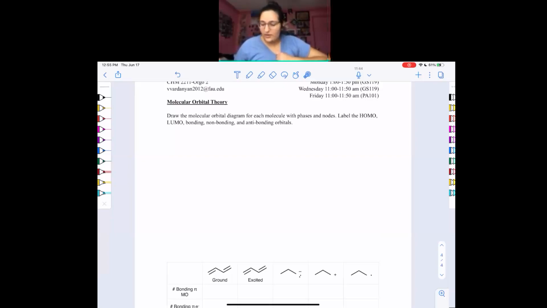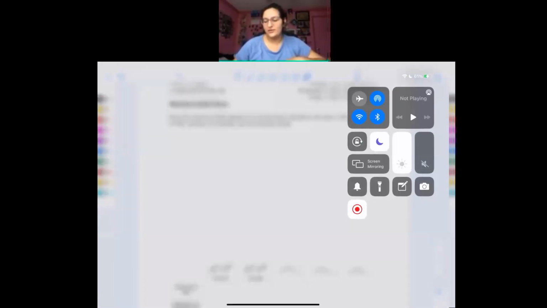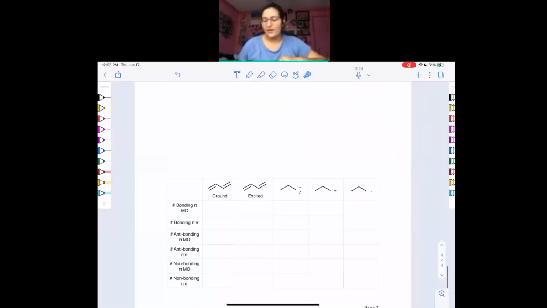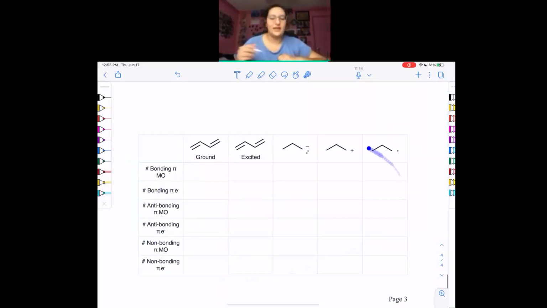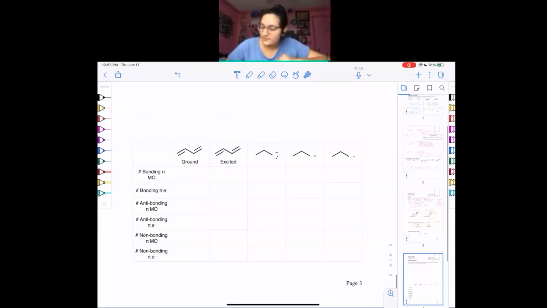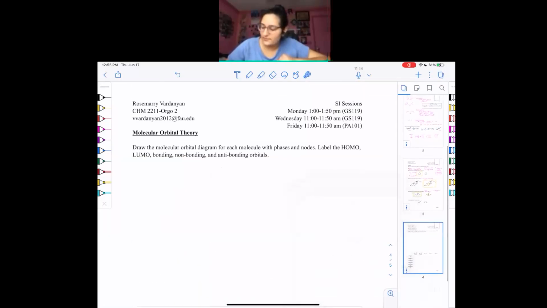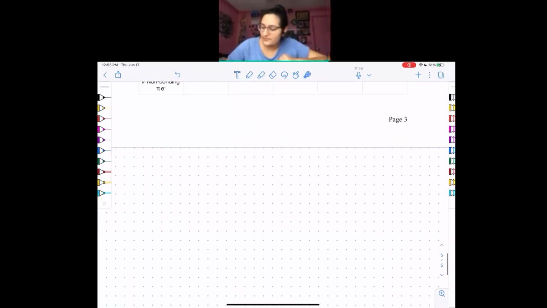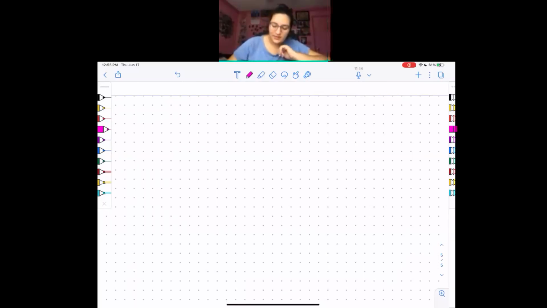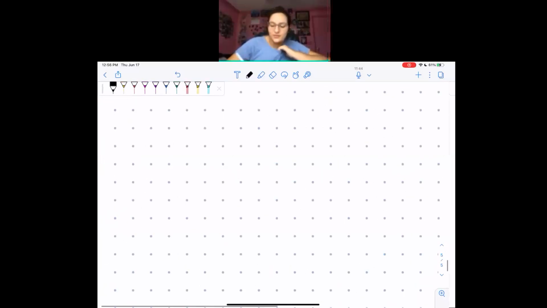All right, so I'm going to go ahead and do this on an extra page just because there's definitely not enough room for me to do everything I want to do on this page. But then I will come back up here and we can fill this out together. All right. So this stuff, I'm not going to lie to you, is a lot to draw.